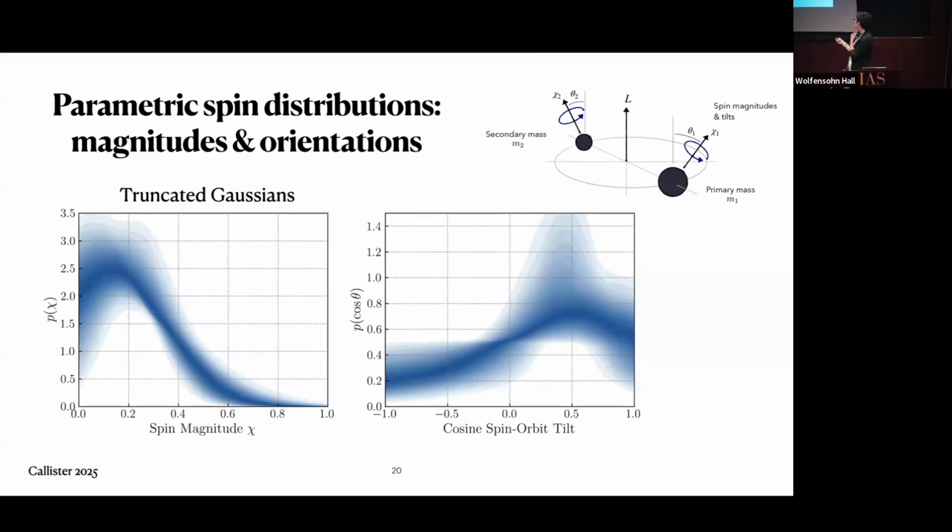There are some hints that the tilt distribution is peaked away from 1, but is not flat, which is kind of weird. We'll see if that holds up. That would be like the most likely spin tilt is not quite at alignment, but somewhat misaligned.